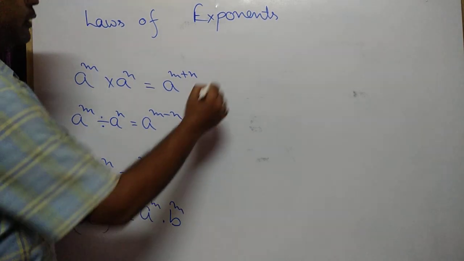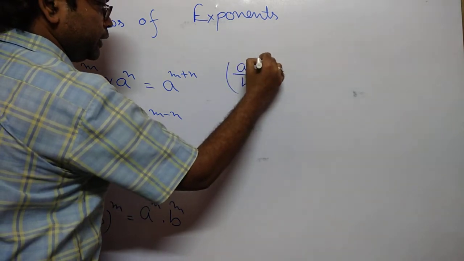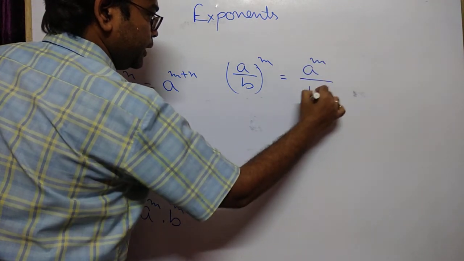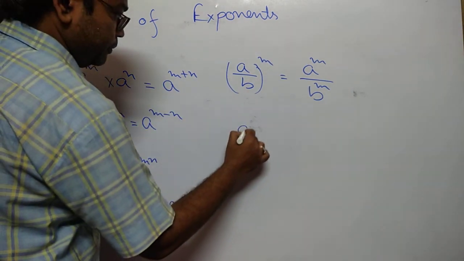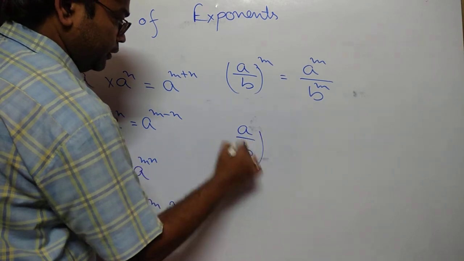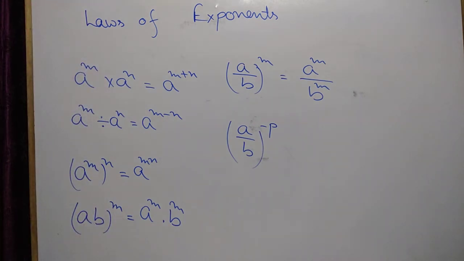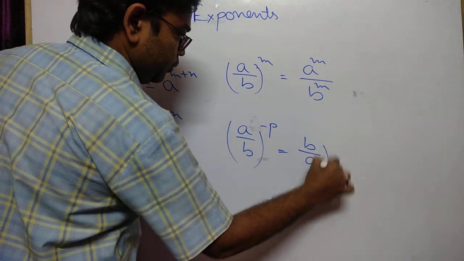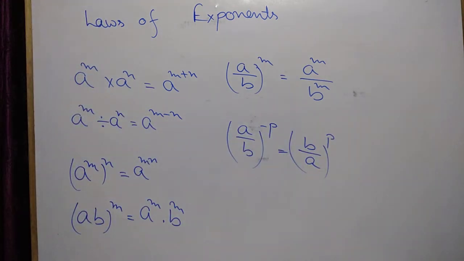One more rule is there. If we have a by b whole to the power m, we can distribute it as a to the power m by b to the power m. Suppose a to the power minus p is given, where p is any number, we can convert this as b upon a whole to the power p. We reciprocate the inner part and change the sign of the power.